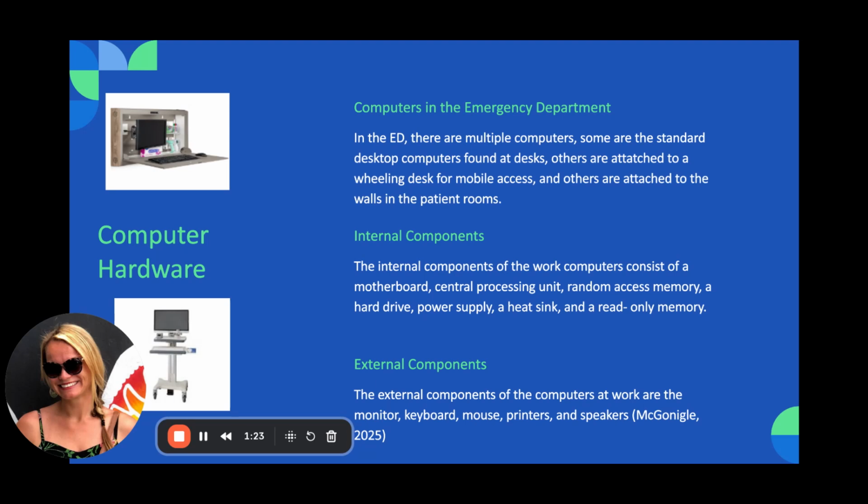The computers we use have internal components that consist of a motherboard, a central processing unit, random access memory, a hard drive, power supply, a heatsink, and a read-only memory. External components of the computers at work are the monitor, keyboard, mouse, printers, and speakers. And I can even go on to say the scanners that we use for medications.